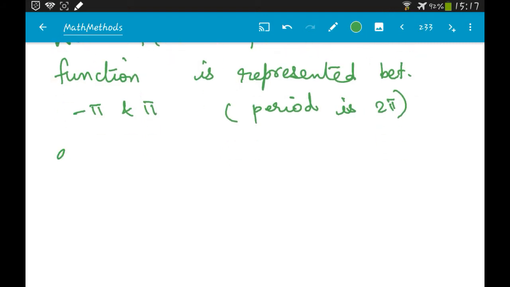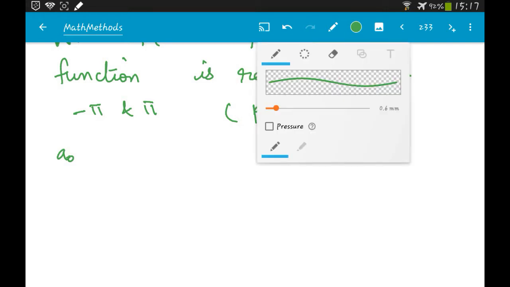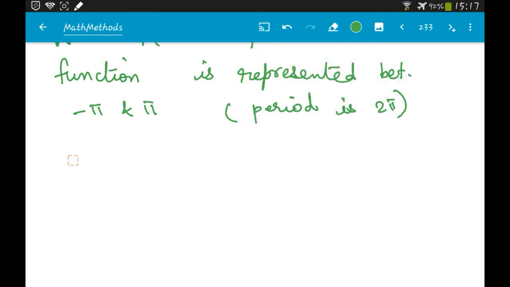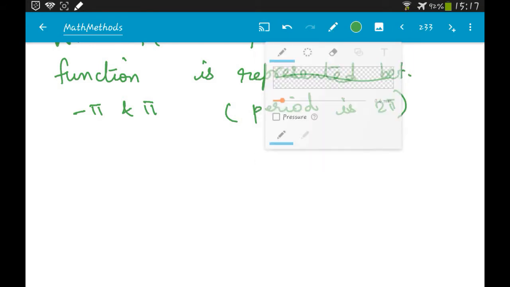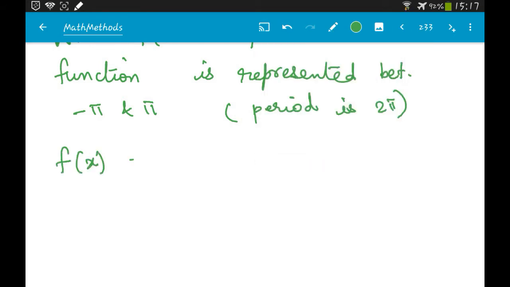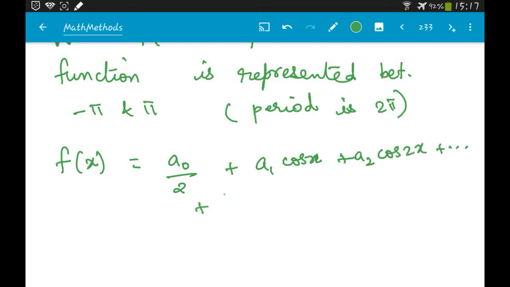Let's write the Fourier series first. So f of x can be represented as a Fourier series, which is a naught by 2 plus a1 cos x plus a2 cos 2x plus b1 sin x plus b2 sin 2x and so on.